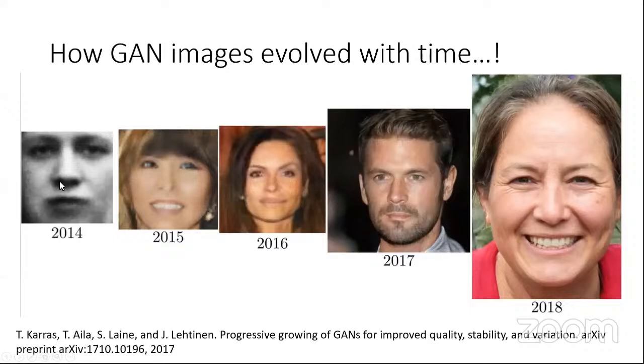In 2014, we didn't have enough GPUs. Now we have a lot of tensor processing units, and parallel computing architecture has flourished like anything with the growth of NVIDIA. So in 2017, if you look at this image, GAN was trained with Hollywood celebrity images like Tom Hanks, Tom Cruise, Brad Pitt, Angelina Jolie, and so on.